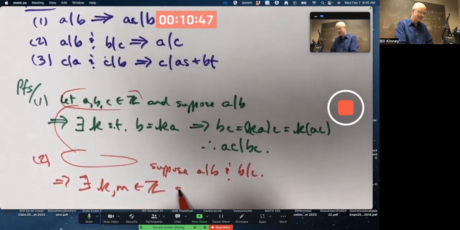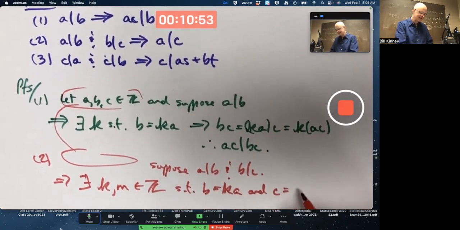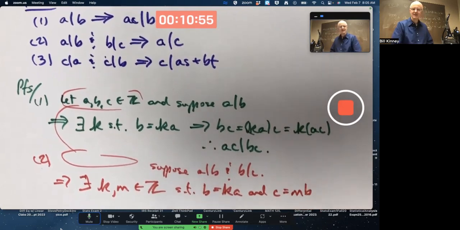Integers such that B is K times A and C is M times B.